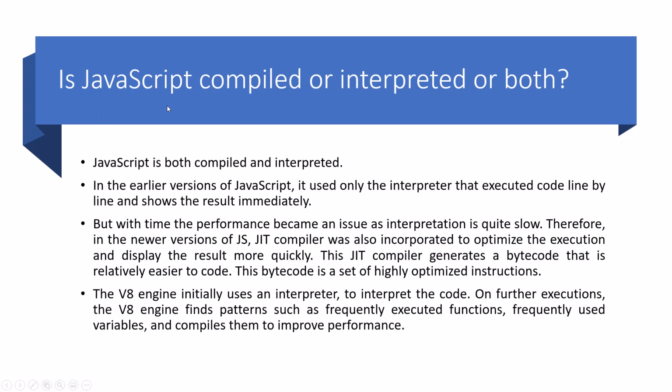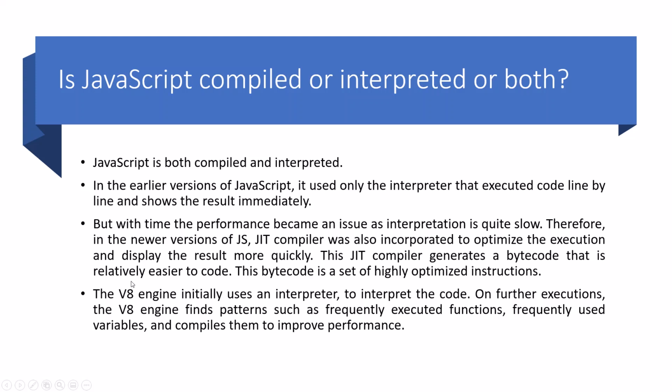The next is JavaScript compiled or interpreted or both? So JavaScript is both compiled and interpreted. In the earliest version of JavaScript, it used only the interpreter that executed the code line by line and shows the result immediately. But with time, the performance became an issue as interpretation is quite slow.